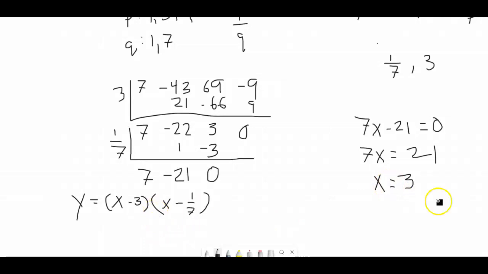Oh, so 3 actually shows up twice. That's why we didn't see it by doing that. So that means that it has a multiplicity of 2. So I'm just going to put a little square term here. And now this is fully factored. And our roots are 3 with a multiplicity of 2 and 1/7.